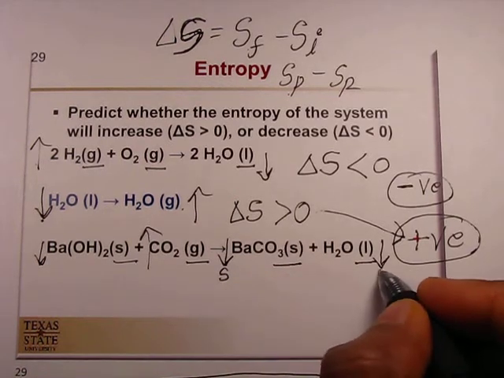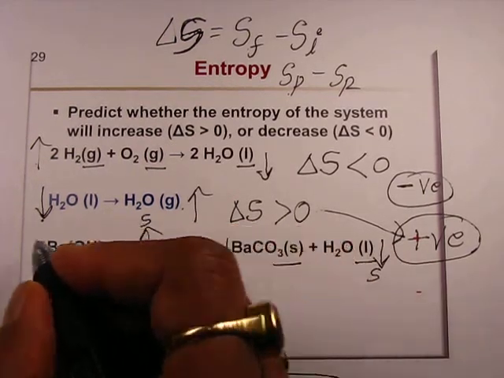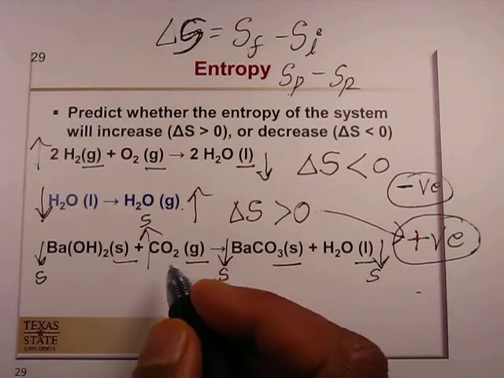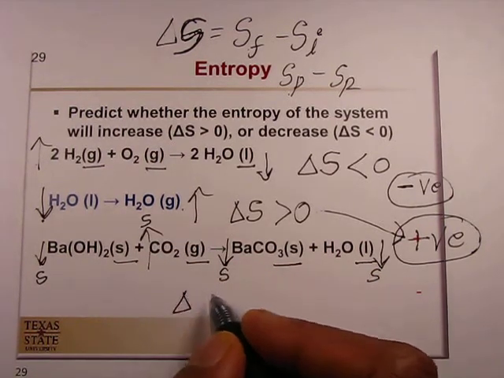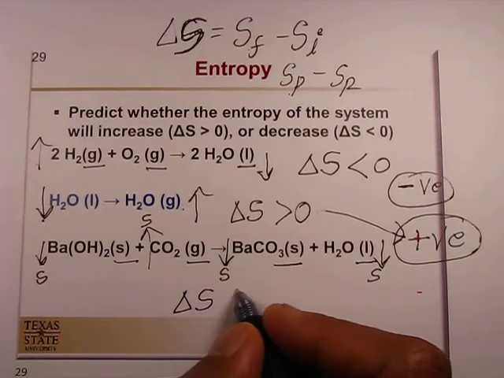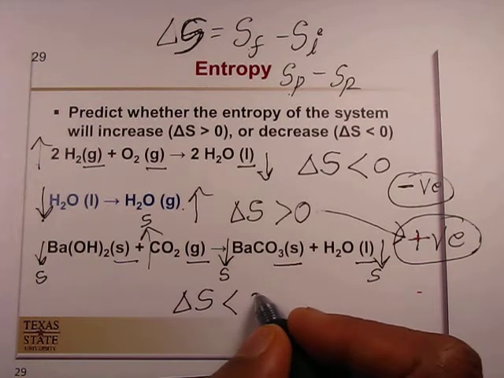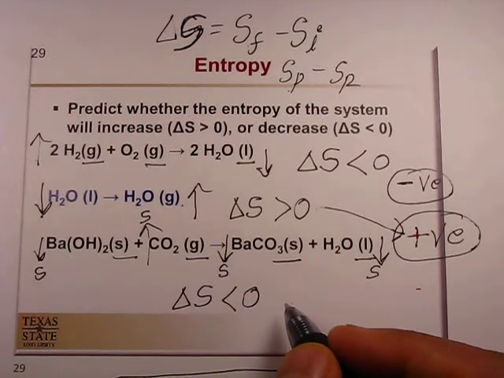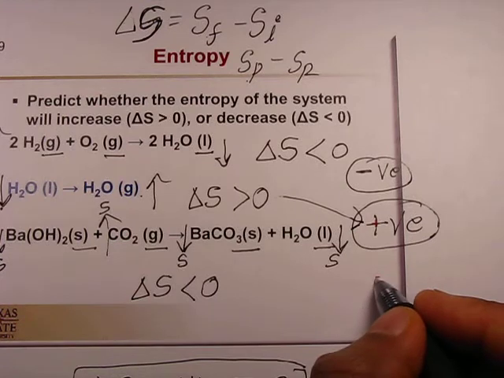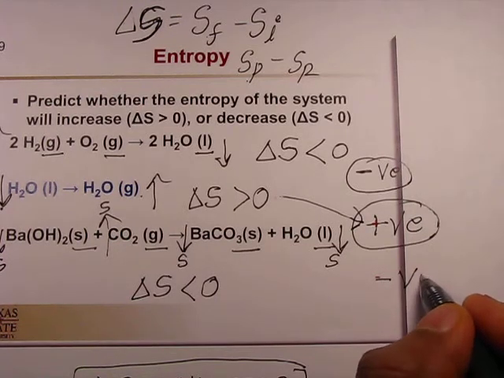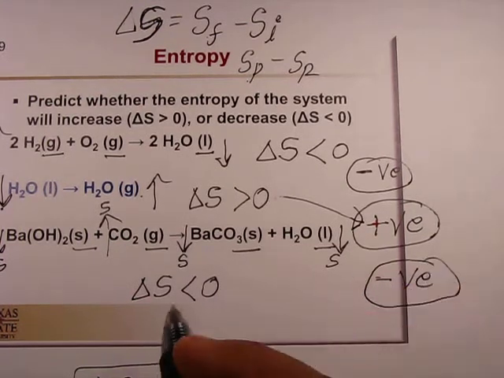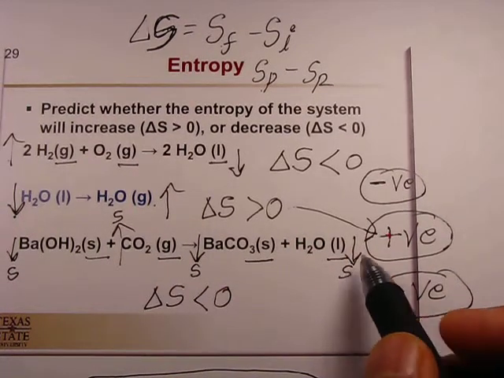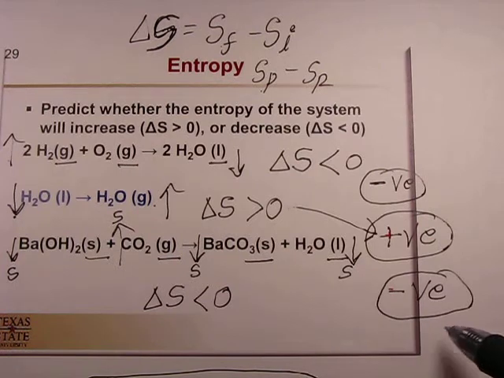So the reactant side has the higher entropy, and delta S for this reaction will be less than 0. The sign will be negative, because the reactants have higher entropy than the products.